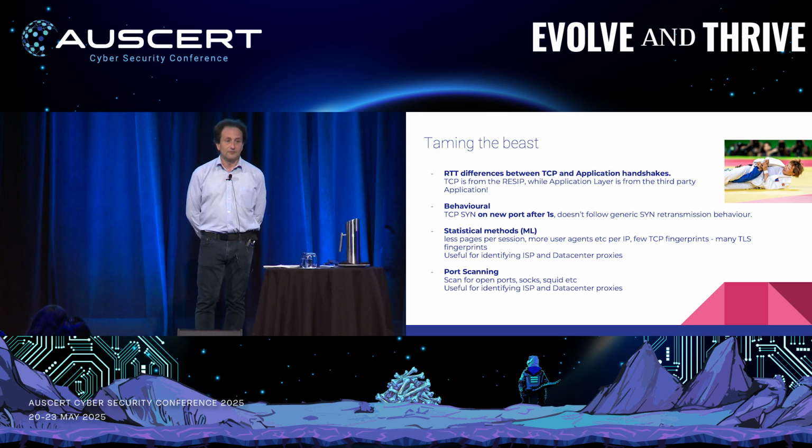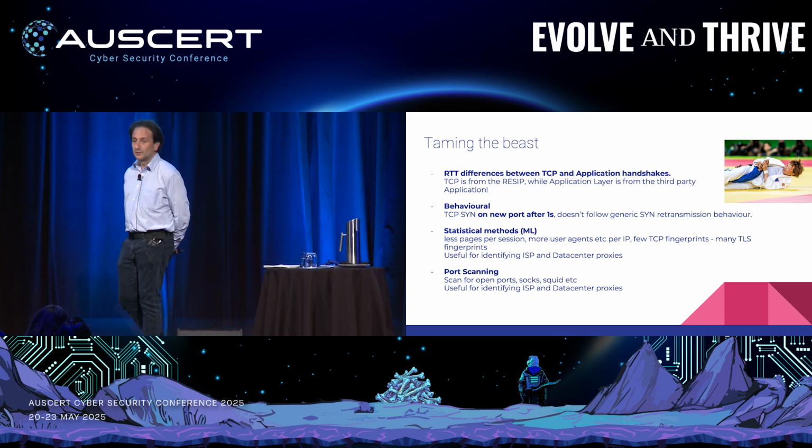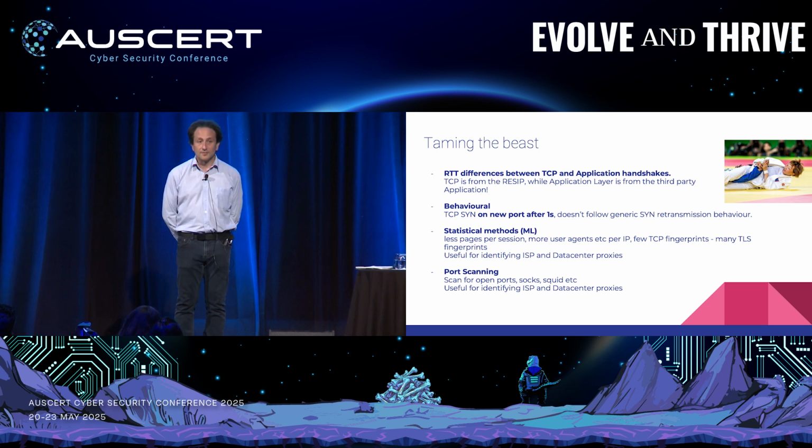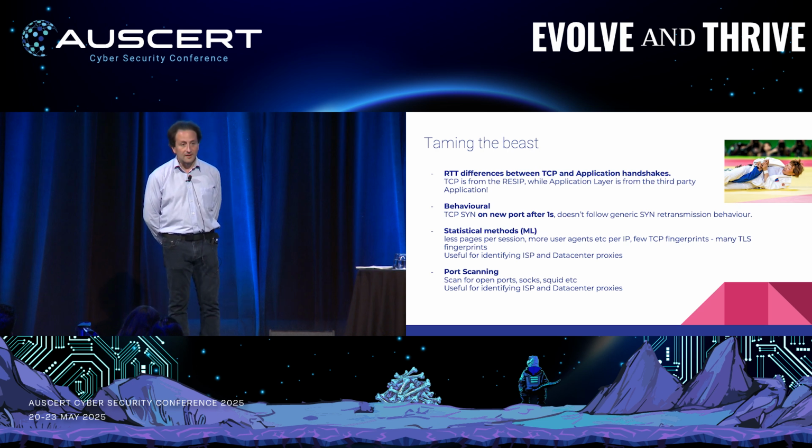RTT differences is key here. If you can detect the time a connection was made, and if you can either execute some JavaScript or some other application layer aware timing, you can look at the differences of them and determine they're a proxy. We utilise this method and it's highly effective at providing defence.